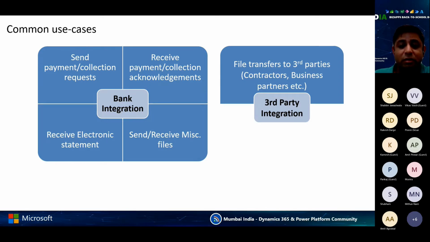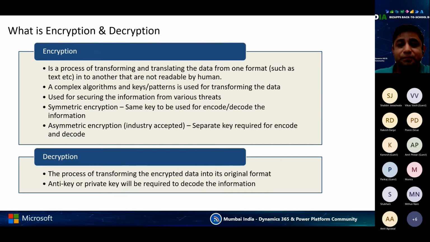I will quickly touch base on various concepts that we have. First, I will go through what encryption and decryption are, and we'll quickly look at how they work. So first, what is encryption?